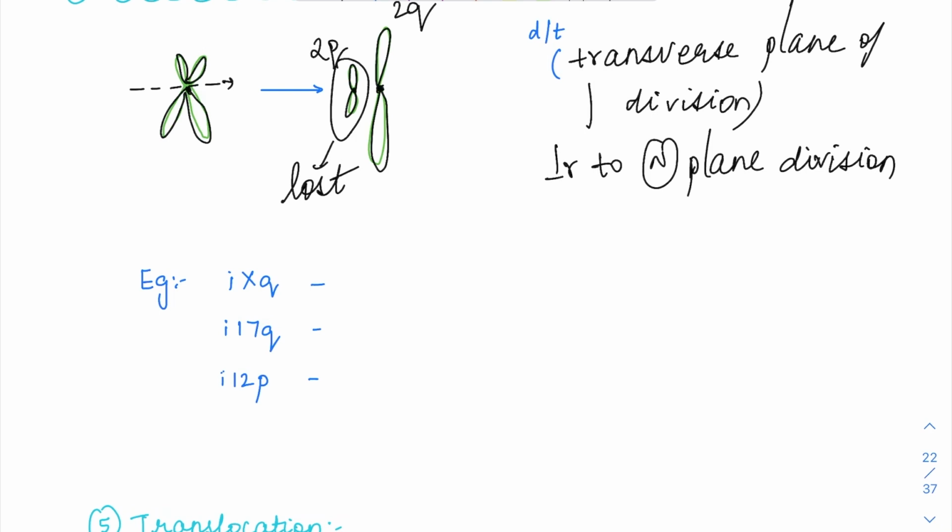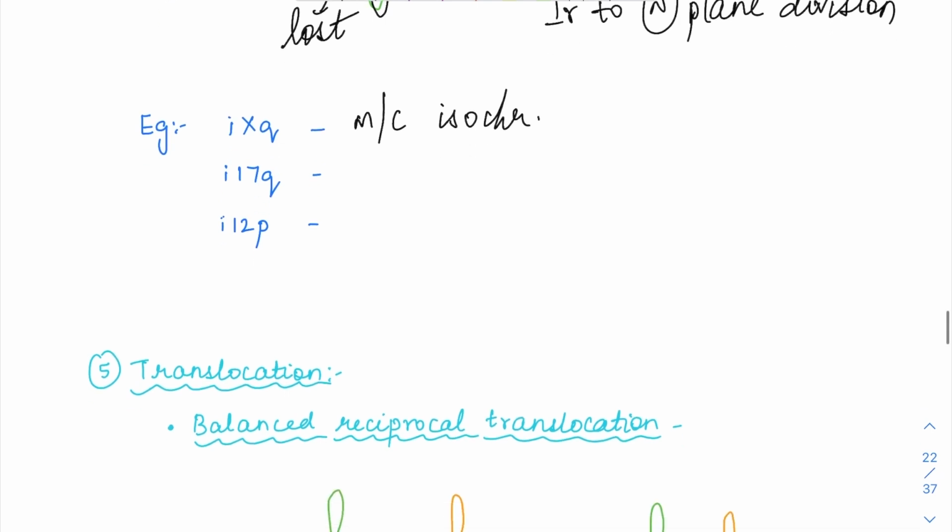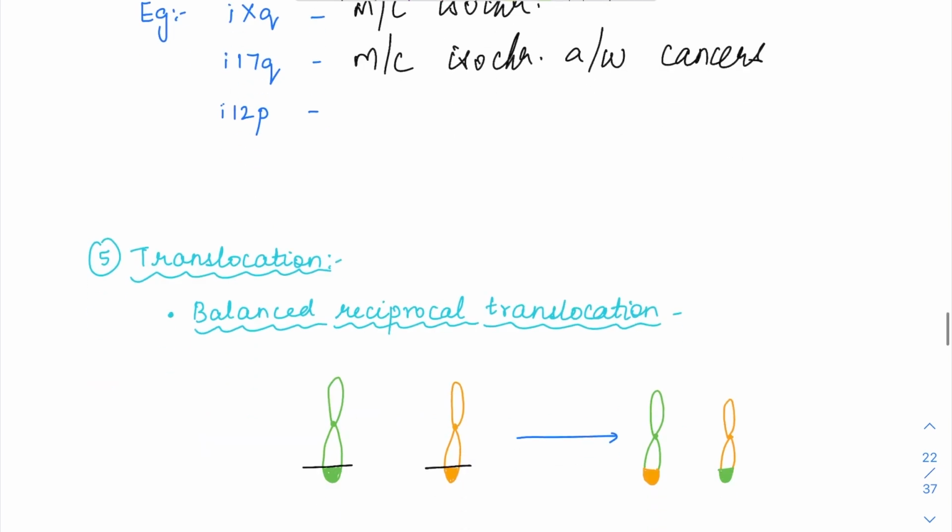So the examples of isochromosomes are isochromosome Xq. This is the most common isochromosome which we see. And there is isochromosome 17q. This is the most common isochromosome which is going to be associated with cancers. Okay, then we have isochromosome 12p.